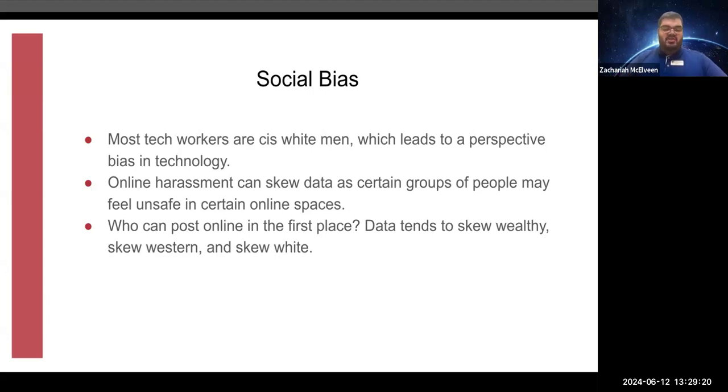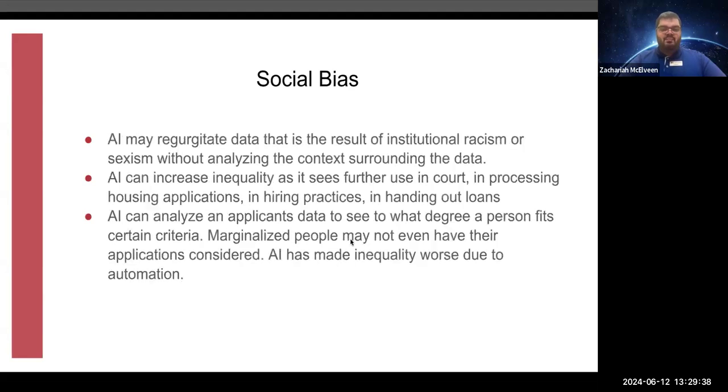So we also have to consider who is able to post online in the first place. Data has been shown to skew wealthy, skew Western, and skew white. And so all of these are major concerns that we need to take into consideration when we're using it and when we're talking to our patrons about using AI.